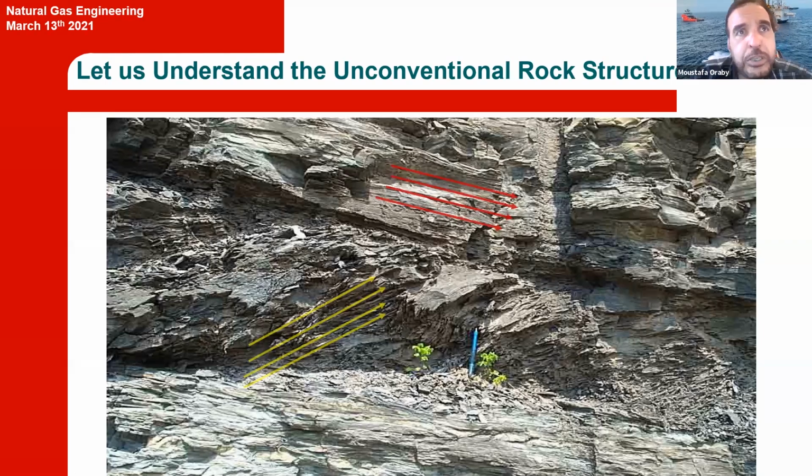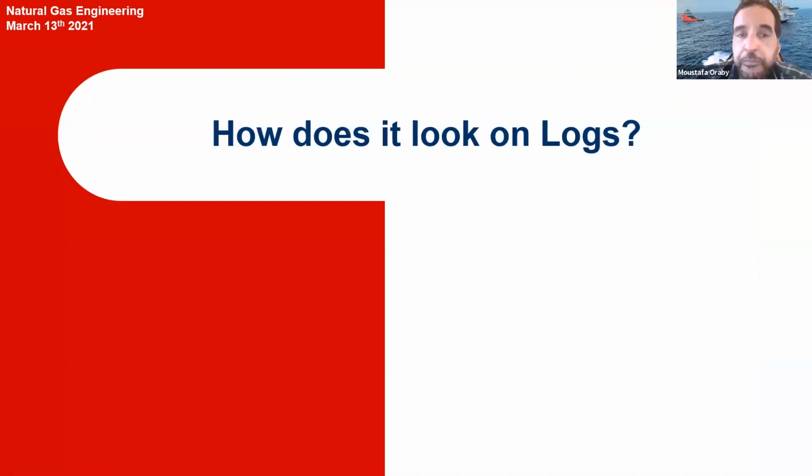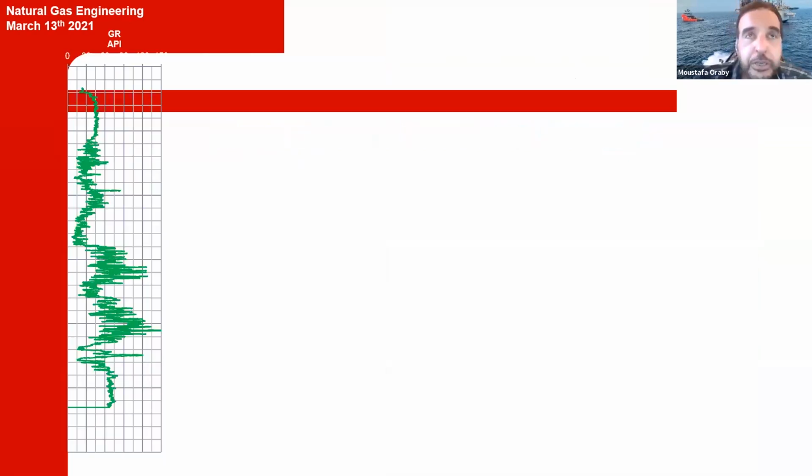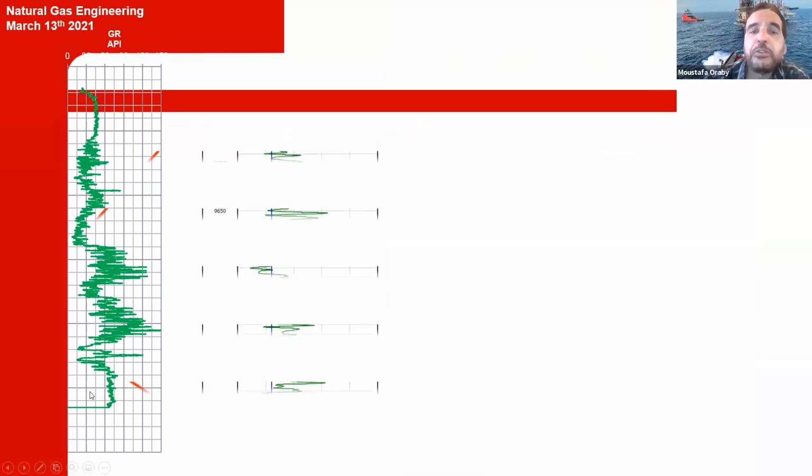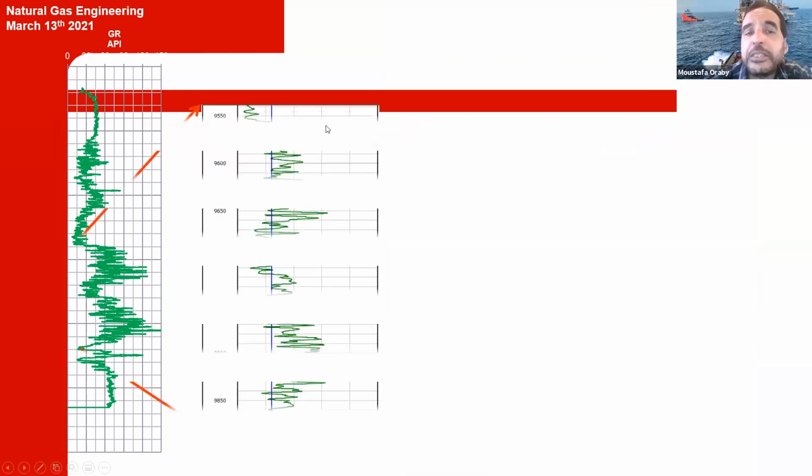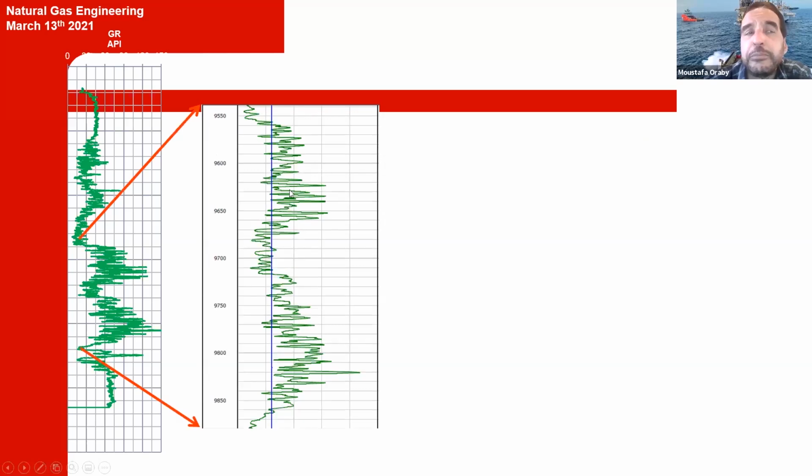Okay, how does it look on the logs in this case? If you can see the rock at the outcrop on the surface, how does it look down hole? Well, here is an example of an unconventional reservoir from the Middle East, from the Arabian Gulf. Here is the gamma ray. Let's blow this gamma ray up a little bit to make it bigger. Look at the gamma ray. This gamma ray goes back and forth, back and forth, back and forth.